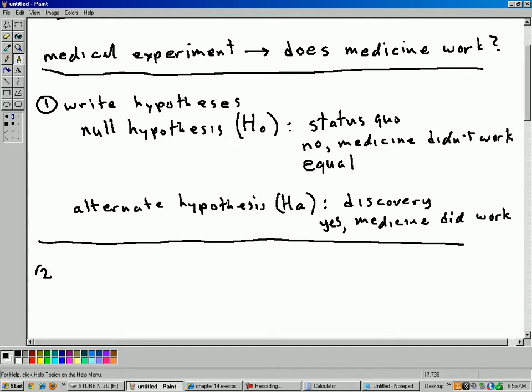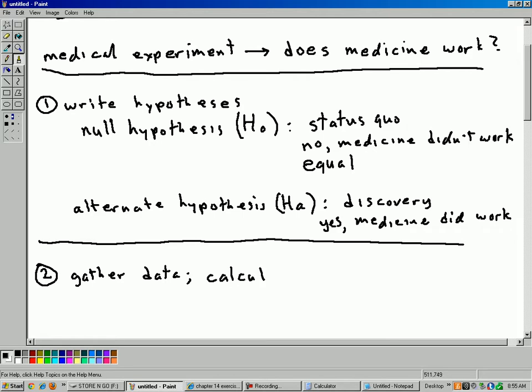Okay. Step two then is you gather the data, you run the experiment, you do the surveys, you do whatever it is you're doing to get your data, and then you do some calculations.